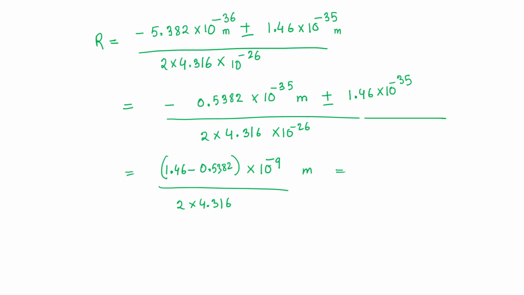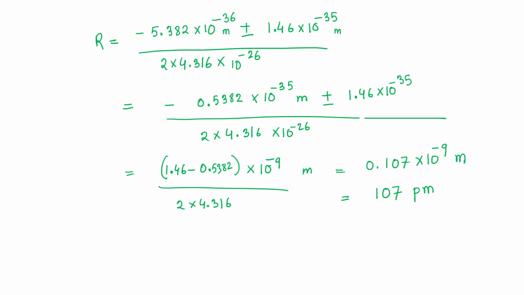So 1.46 minus 0.5382 divided by 2 divided by 4.316, we have 0.107 into 10 to the power minus 9 meter. So something like 107 picometer, right?